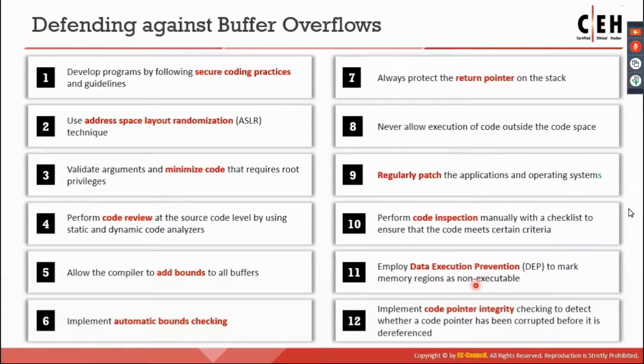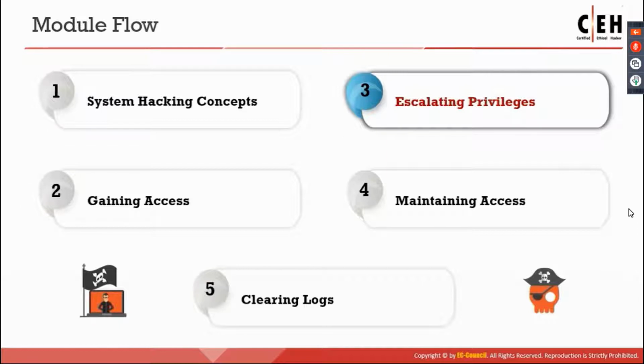You can do that at the server level. But others, like code inspection, are really going to be on the developer side. Patching regularly is going to be on the network and system administrator side. So we have things that are handed out to each part of the team.